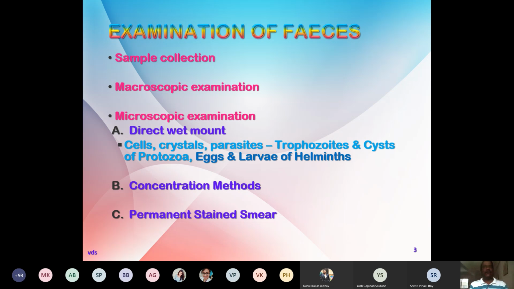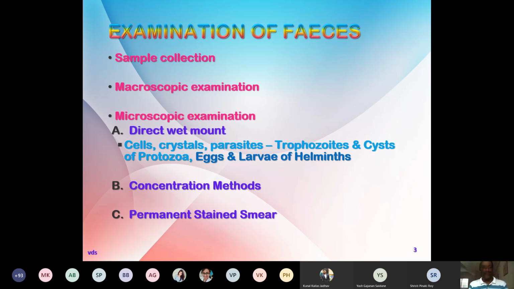In that case, to increase the number of parasites, either in the trophozoite form or in the cystic form or the larvae or the eggs, we are supposed to concentrate the stool sample so that it becomes much more evident because of concentration of the stool specimen. Those concentration methods also we are going to go into the details in the later slides.